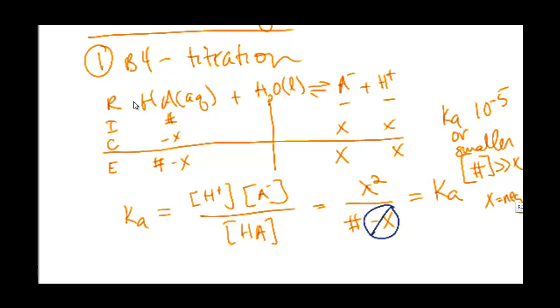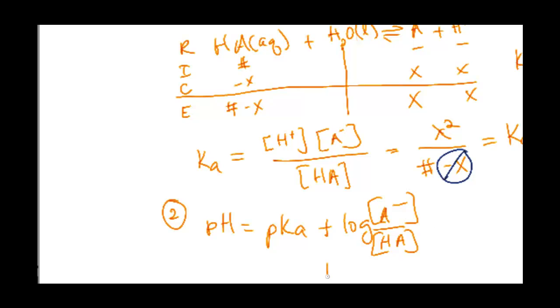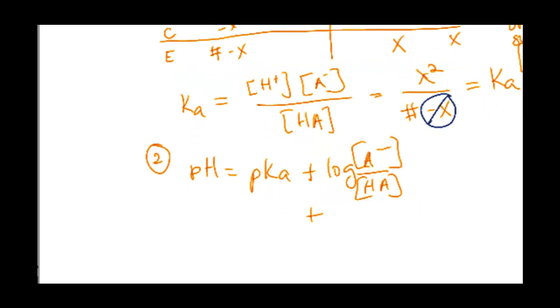During the titration, however, you're going to use the Henderson-Hasselbalch equation, which is pH equals pKa plus log of A minus over HA. Now, because these two are molarities, moles over volume, and the volumes will be the same, this could also be plus log of n of A minus over n of HA.